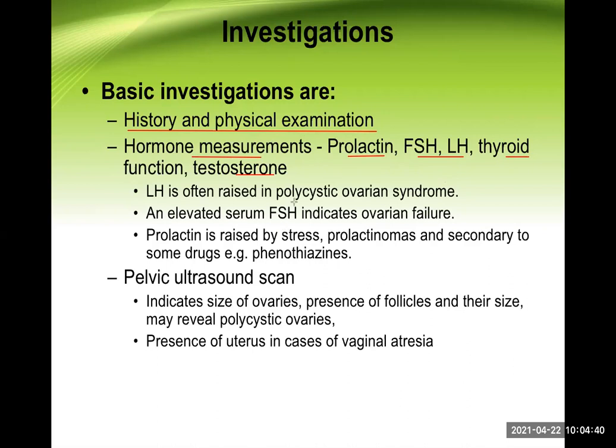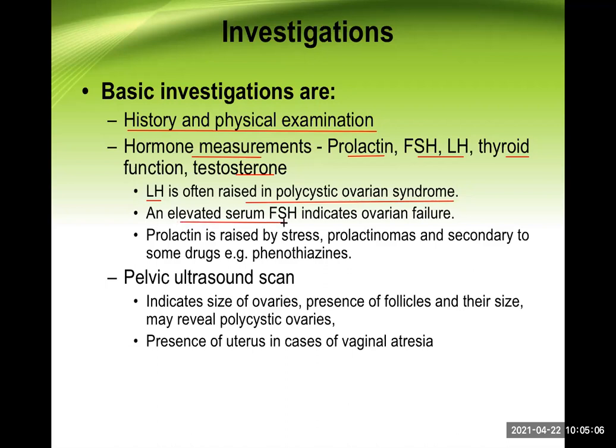Now, some important points here: luteinizing hormone or LH is often raised in polycystic ovarian syndrome, whereas FSH is not high in polycystic ovarian syndrome. On top of that, polycystic ovarian syndrome females are obese. They also have hirsutism. So all these points combined together can give the diagnosis.